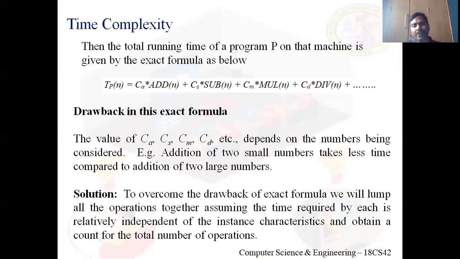But what is the drawback here? Assume, listen carefully, you have designed an algorithm and implemented it as a C program. Today you run that program on one of the systems in your lab. It might take some X seconds.